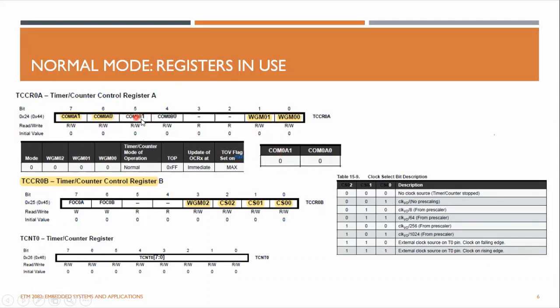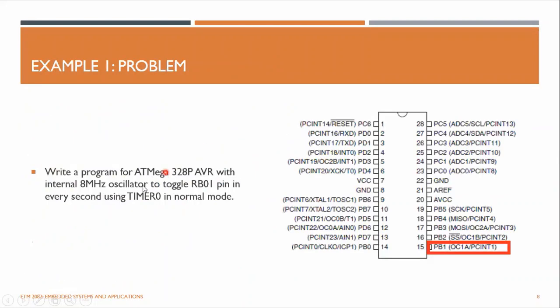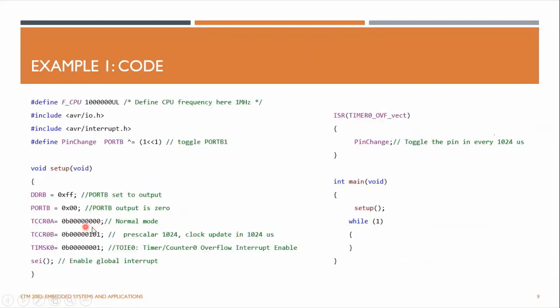And we are not using this one. So everything should be 0. You can skip this command, since by default it is 0, right? But it's better to tell the compiler to set it all to 0.